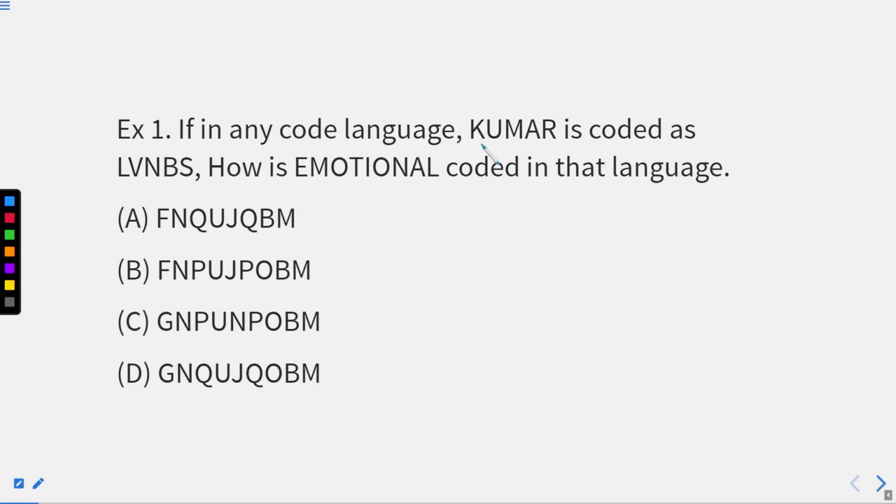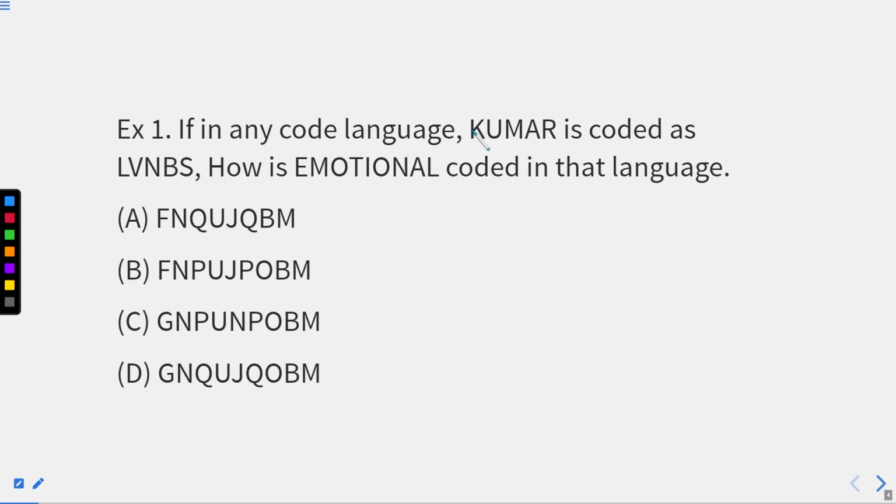Now, the question should be very clear to you all that Kumar is a word which is coded in a certain manner, and it comes out to be LVNBS. Now you are supposed to find the method, the approach through which this code is made. So I'll explain it very calmly.